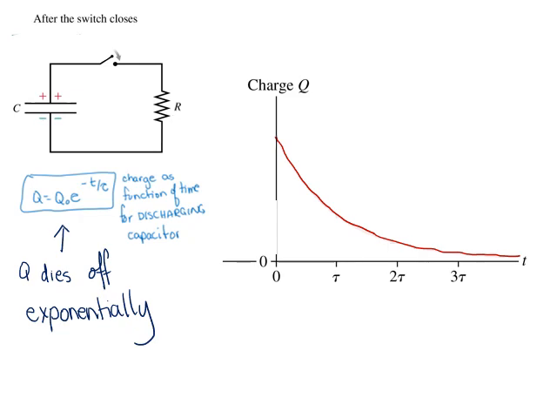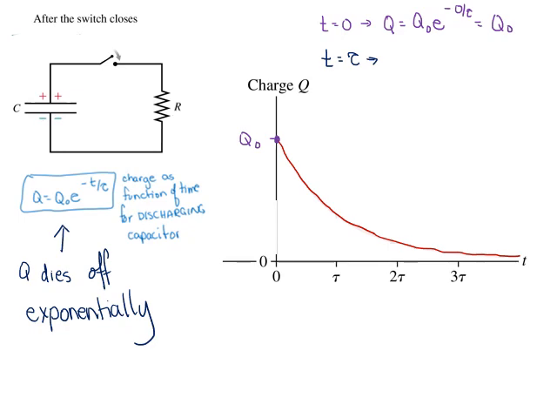Let's look at a couple of interesting points. What happens at t equals 0? If t is equal to 0, our charge Q is equal to Q0 e to the minus 0 over tau. E to the minus 0 over tau is 1, so Q equals Q0. So the first point on our graph is Q0. Our charge starts at a finite number. The next one we could look at: remember we said that tau was RC, equal to one time constant. What if the time t is equal to tau?